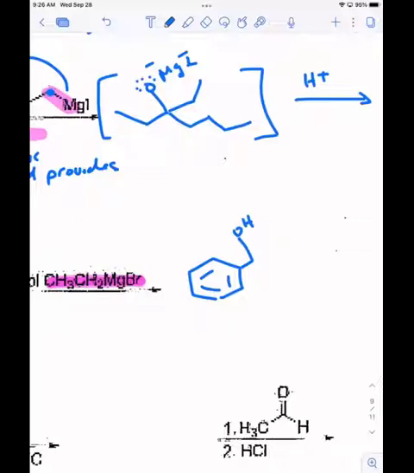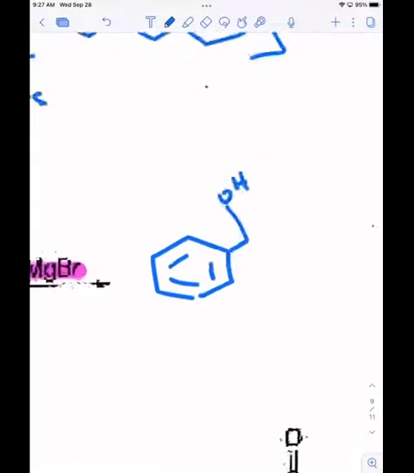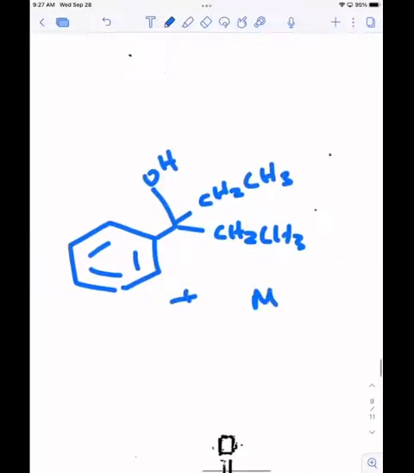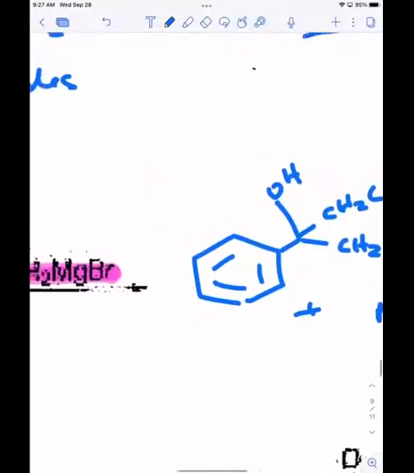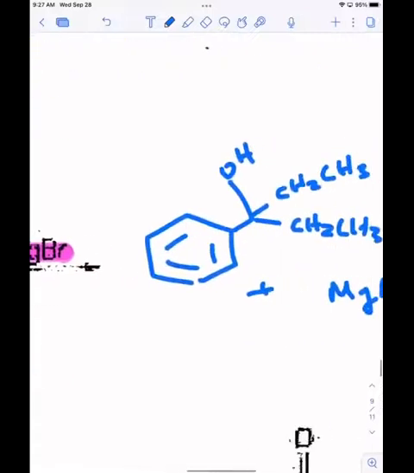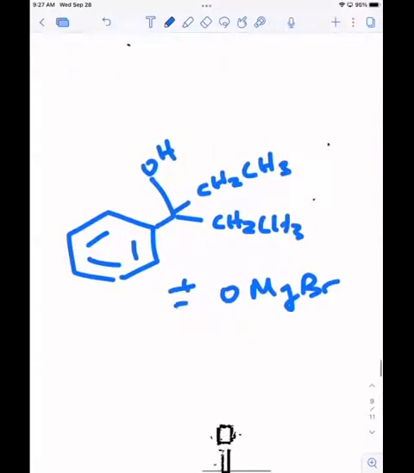I guess everything that's attached to the middle will just go to that carbon right there. Right here? Yeah. And then you'll have the halogen in the middle. Mm-hmm. And that group. All of that is going to be a salt with magnesium.